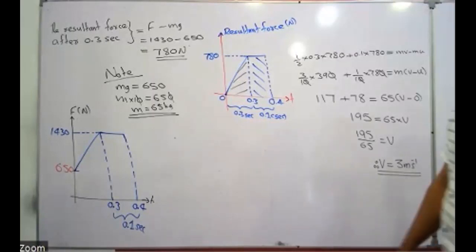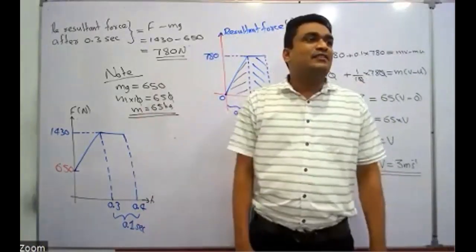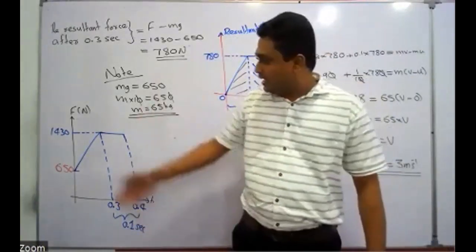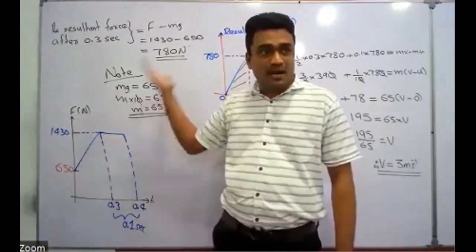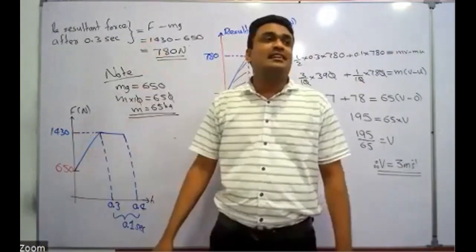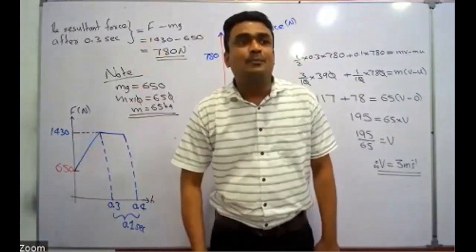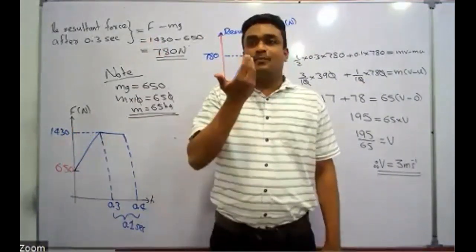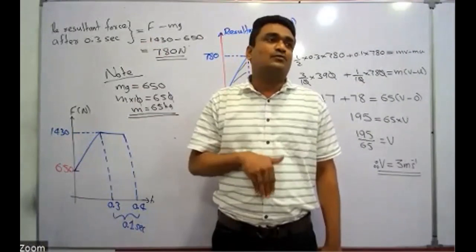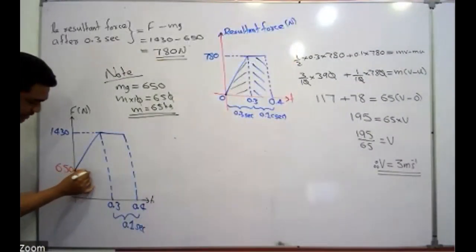The method that we use in the MCQ paper: his weight is 650 Newton. When there's an upward force of 1430 Newton, there's a downward force of 650, therefore it cancels out. So forget about this section.